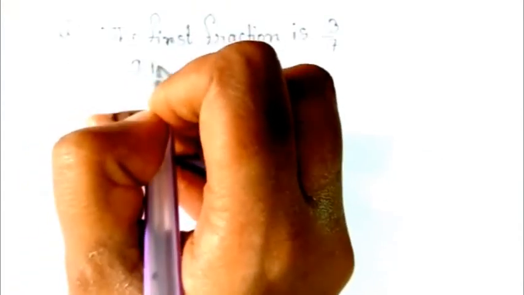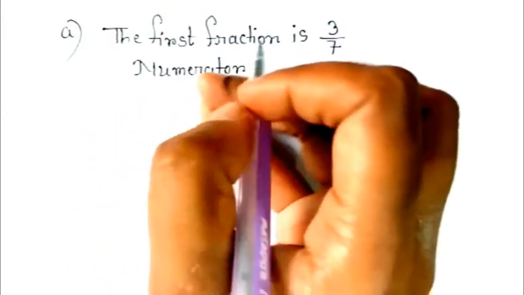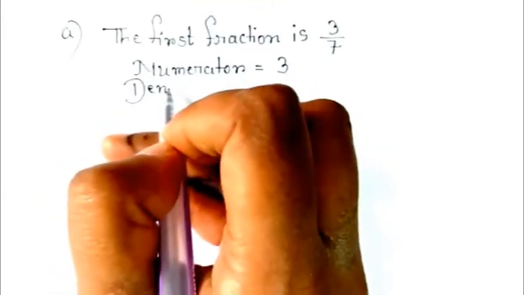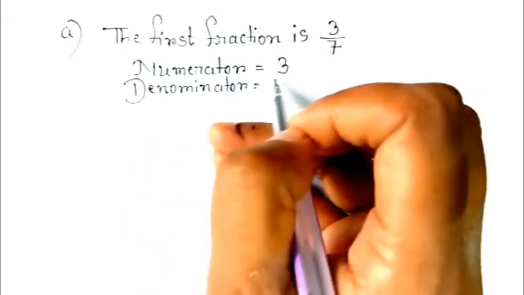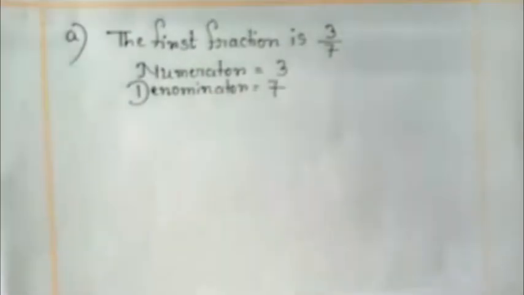Now we shall write the numerator and denominator of the first fraction. So here the numerator is 3 and the denominator is 7. So we have solved number A.